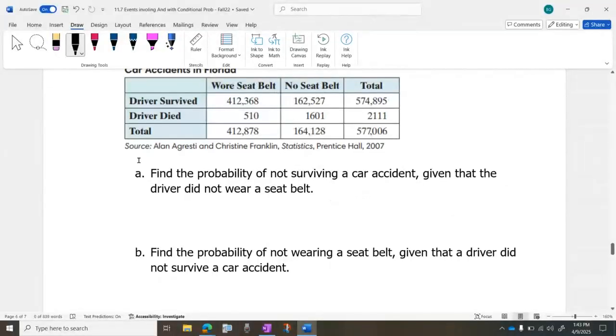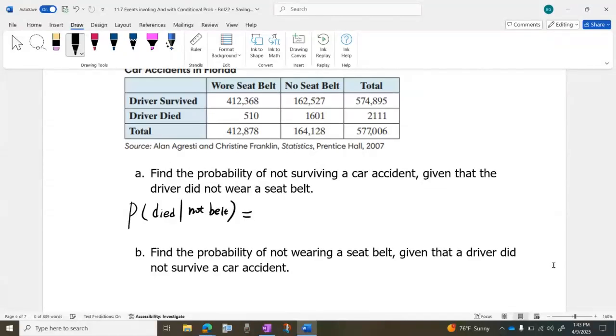So that's the table, with totals. A, find the probability of not surviving a car accident, so find the probability of died. Not surviving means died, right? Given that the driver did not wear a seatbelt, no belt.